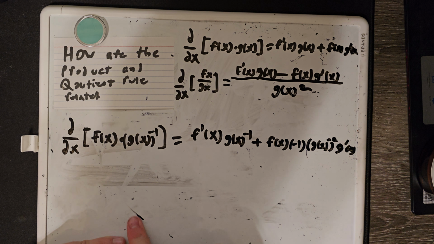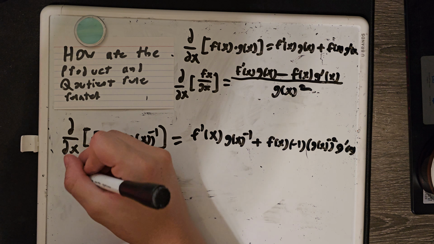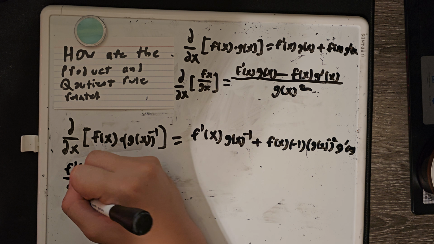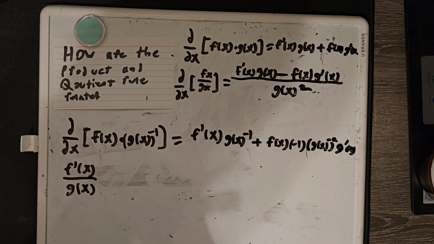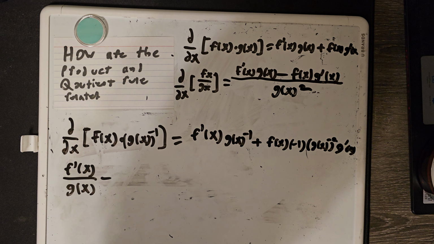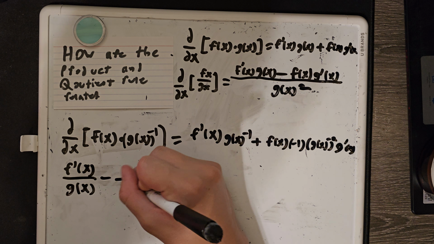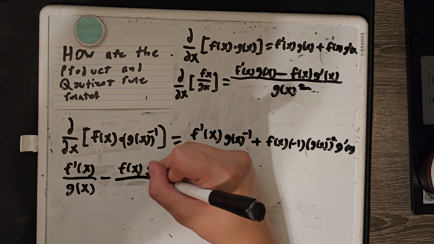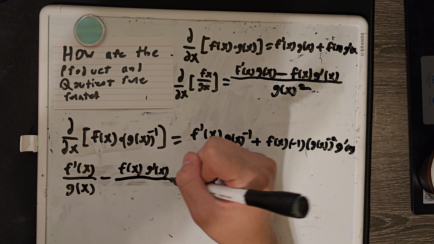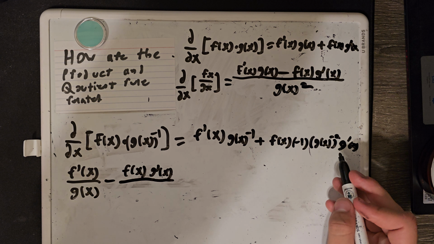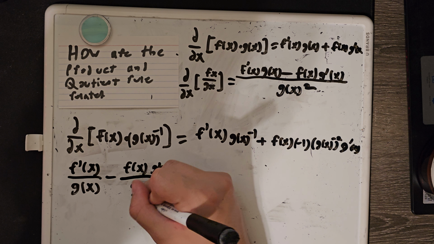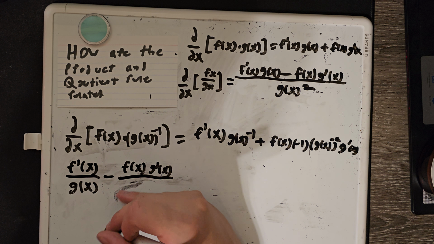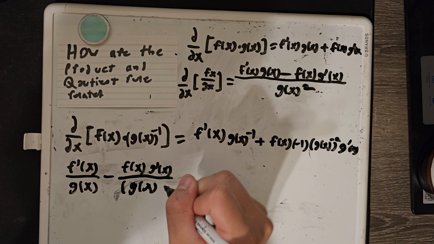Now, if we move our g of x's down, it will mean that f prime of x over g of x minus, because we moved this negative 1 to the front, f of x times g prime of x over g of x squared.